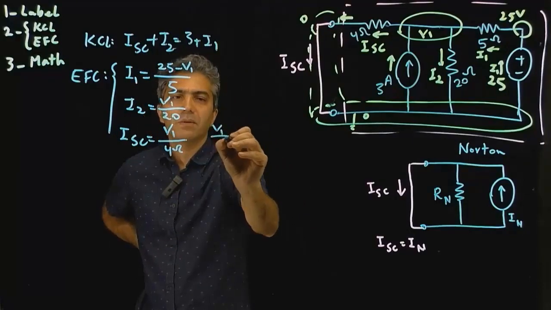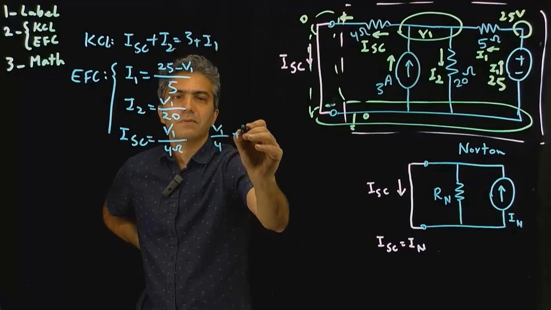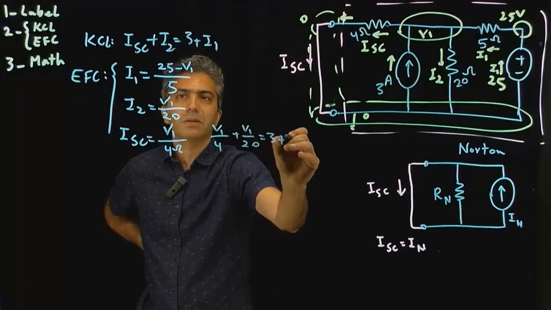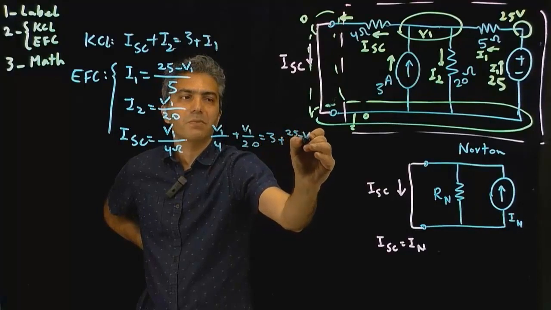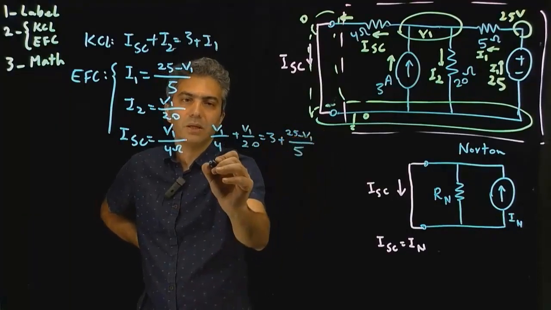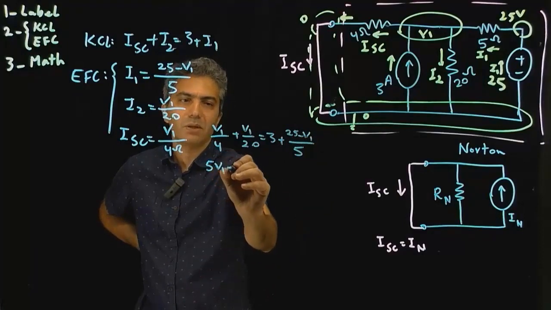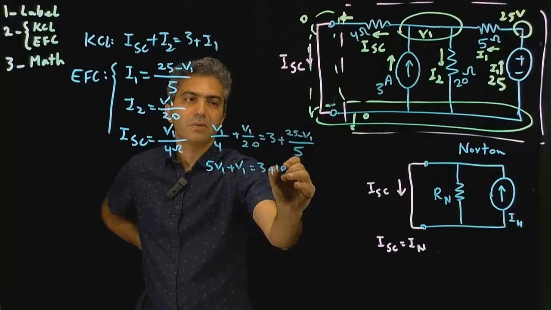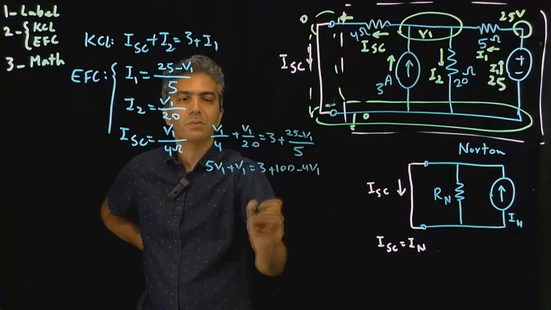So V1 divided by 4 plus V1 divided by 20 has to be equal to 3 plus 25 minus V1 divided by 5. Multiply both sides by 20. That means 5V1 plus V1 is equal to 3 plus 100 minus 4V1.